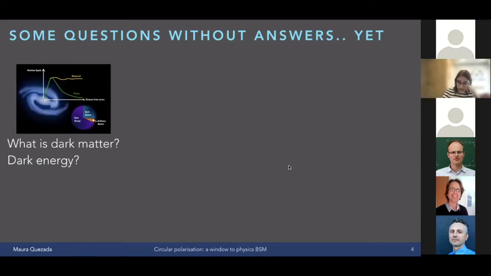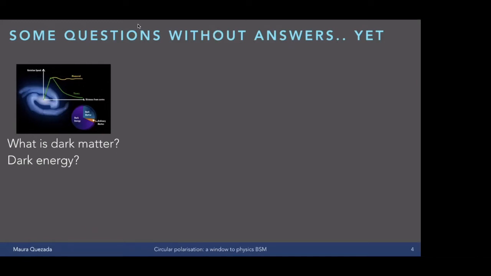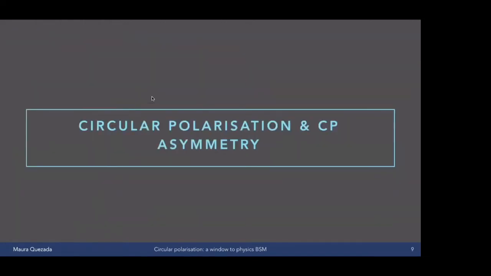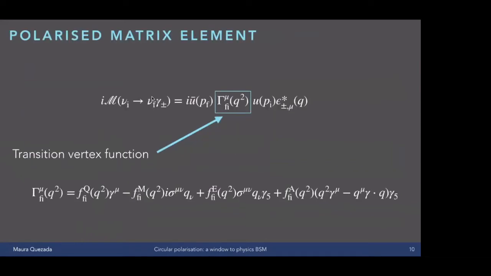And Maura, I think the slides might have stalled. We're still looking at dark matter and dark energy. So let me, maybe without camera, let's see. There we go, okay. Oh, yeah, we've got problems. Wait a second, I don't know how to solve this.